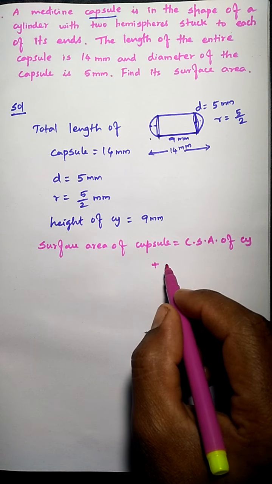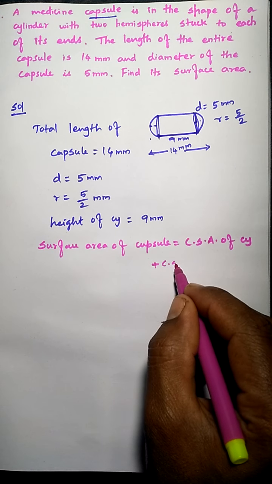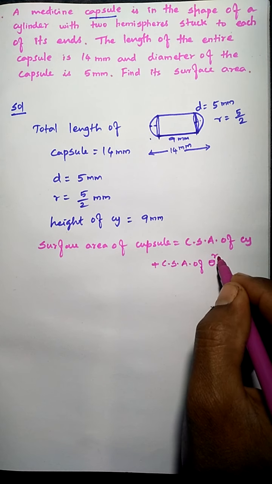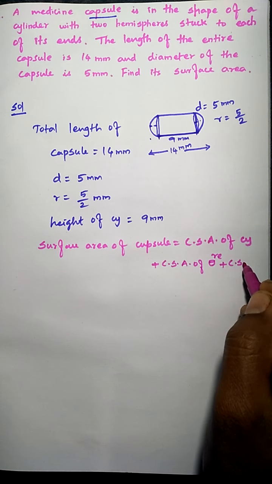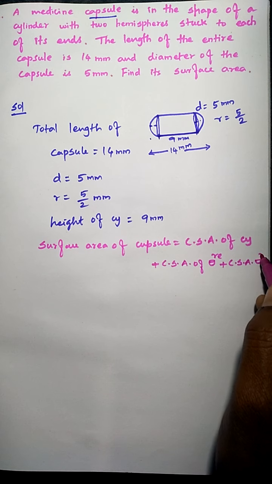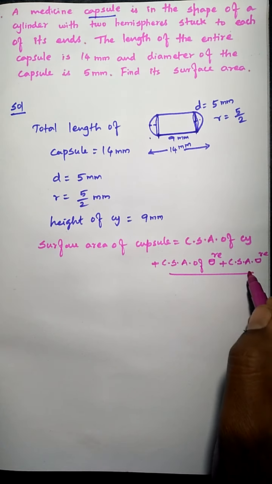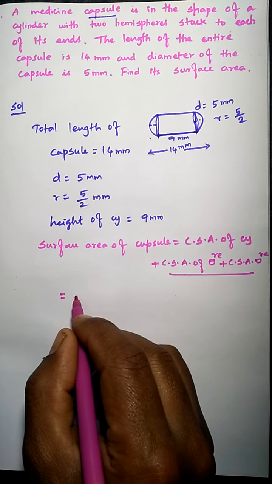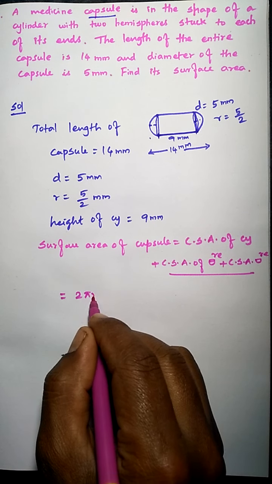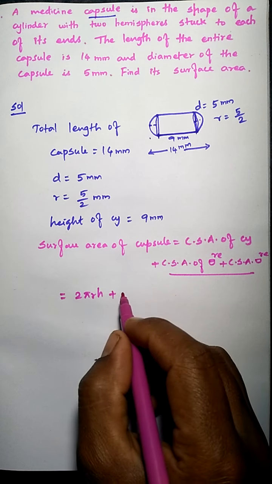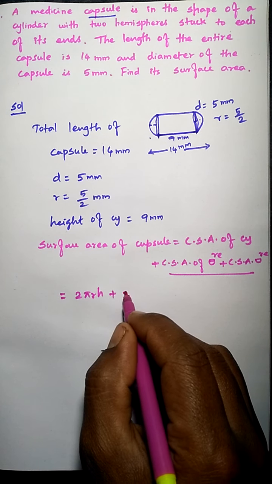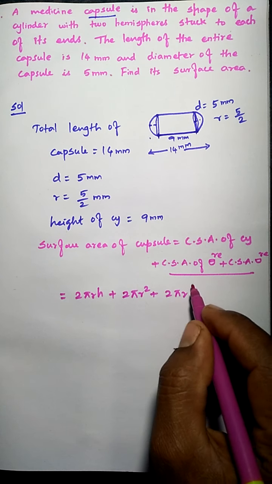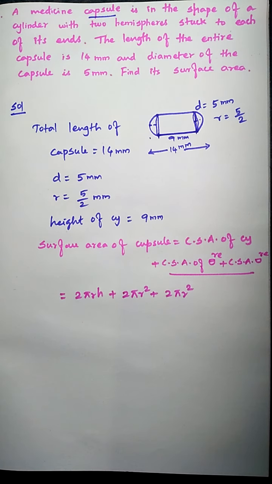Let's write the formula 2 times: curved surface area of hemisphere plus one more curved surface area of hemisphere. Now the CSA of cylinder formula we know is 2 pi rh. Curved surface area of hemisphere formula is 2 pi r square, plus 2 pi r square.